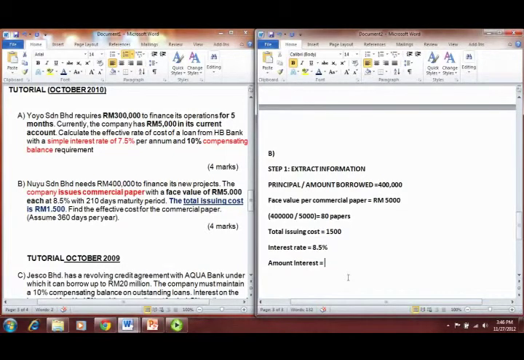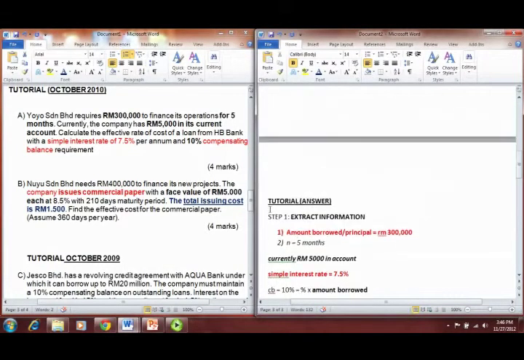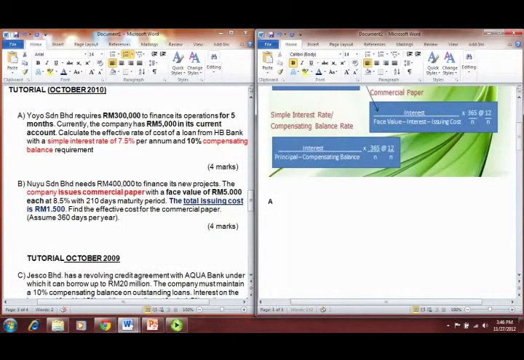So what is the formula? To calculate the amount of interest, the formula is interest equals the interest rate in percentage times principal. What is the principal, class?